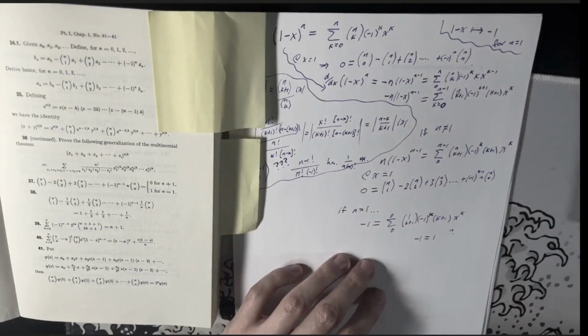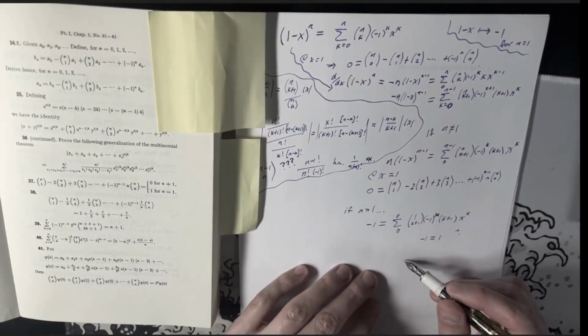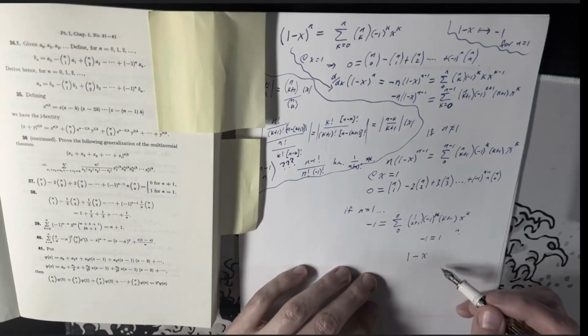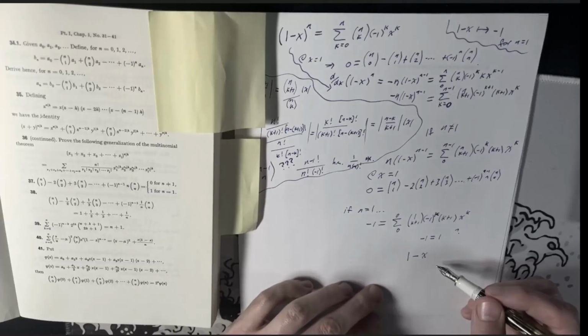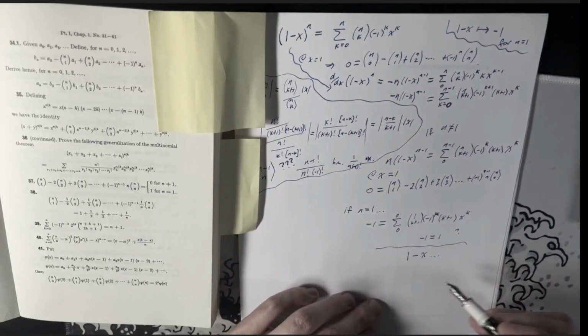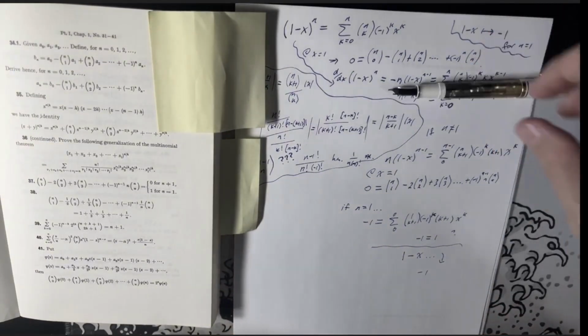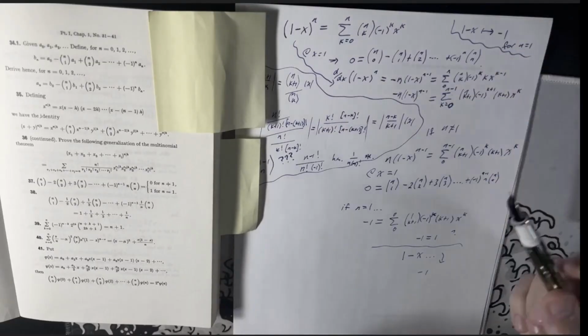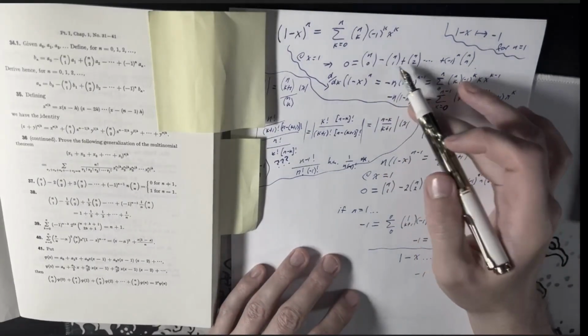Well, on the original function, you had 1 minus x, which of course at 1 is 0. I then took its derivative and I got -1. I wonder where I'm going with this. Maybe if I was a little more careful, it would have worked out correctly.